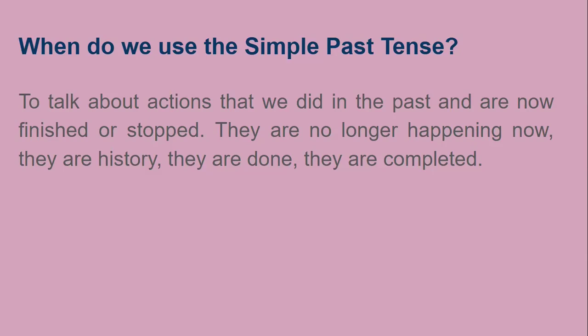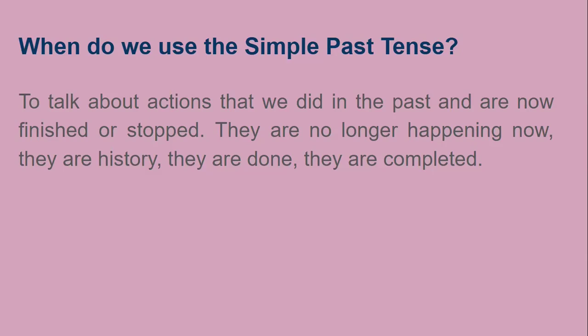What matters is we use it to talk about actions that happened in the past, and the actions are finished. They have stopped. They are no longer happening. They are done. They are history. Okay, these actions are finished.